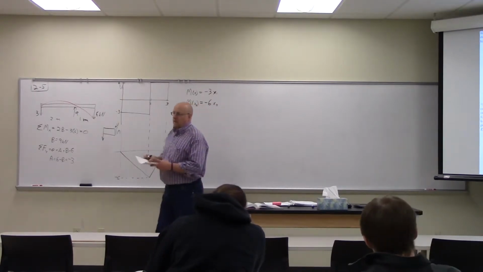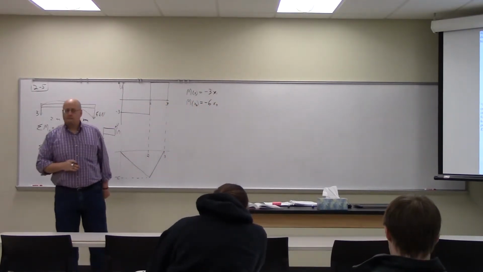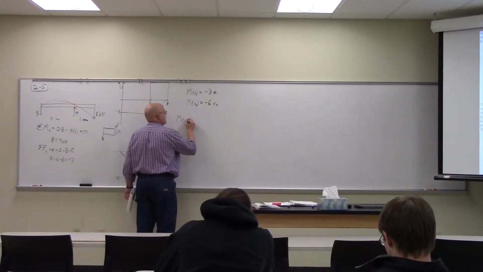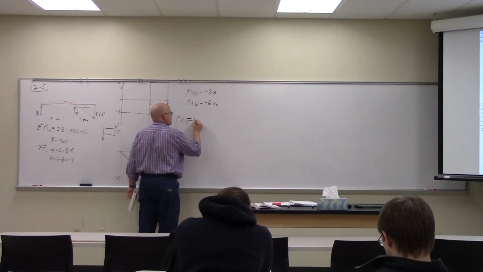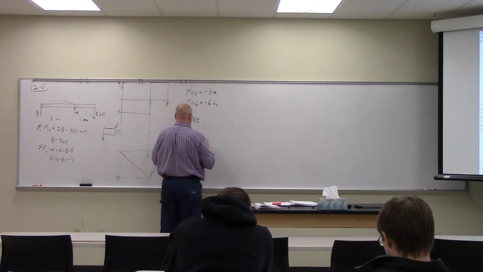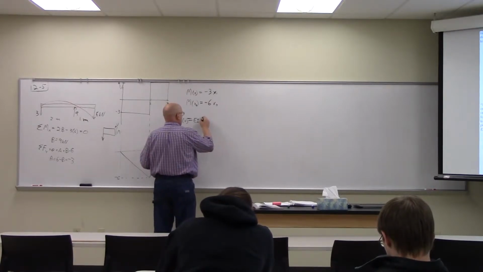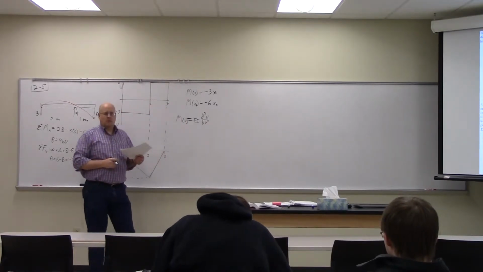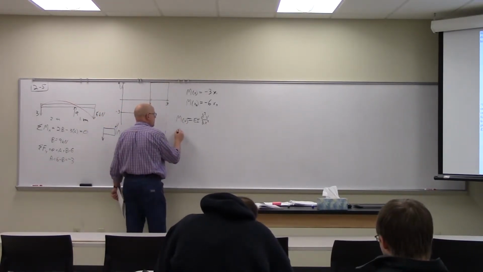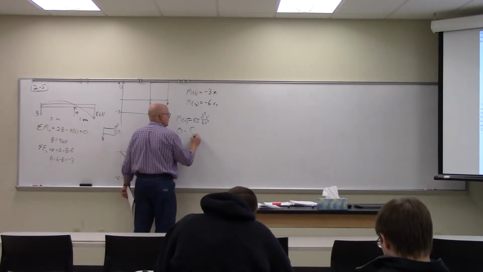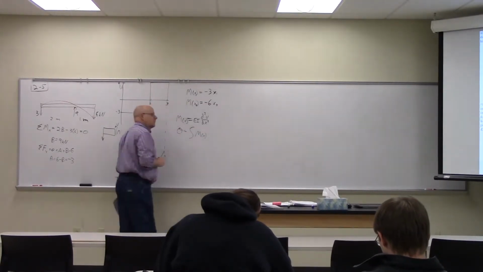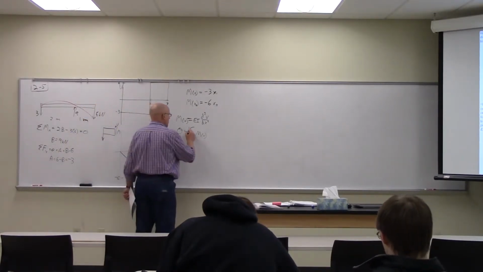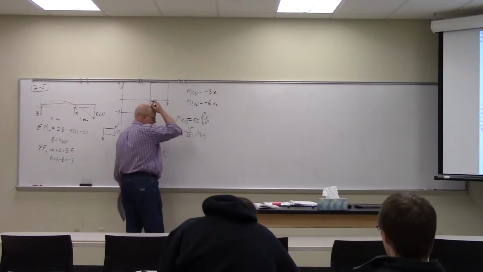Now what do we do? Now we know m of x. Now we recognize that m of x is equal to EI d squared v dx squared. So the slope is 1 over EI times the integral of m of x.